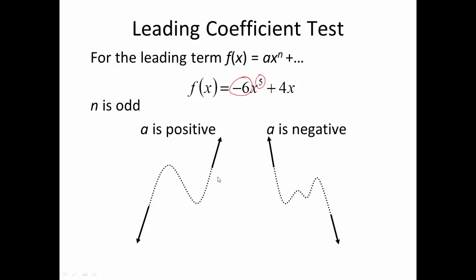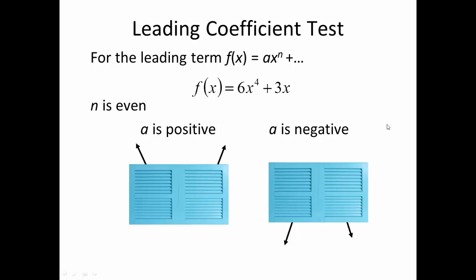If we look at the middle part, we don't care what the middle part is yet. It's going to do something weird in the middle, so we're just looking at the endpoints. In this case, it's going to go up to the right and down to the left if a is positive. When a is negative, like in this case, it's going to be up to the left and down to the right, like a line with a negative slope. This is a line with a positive slope.